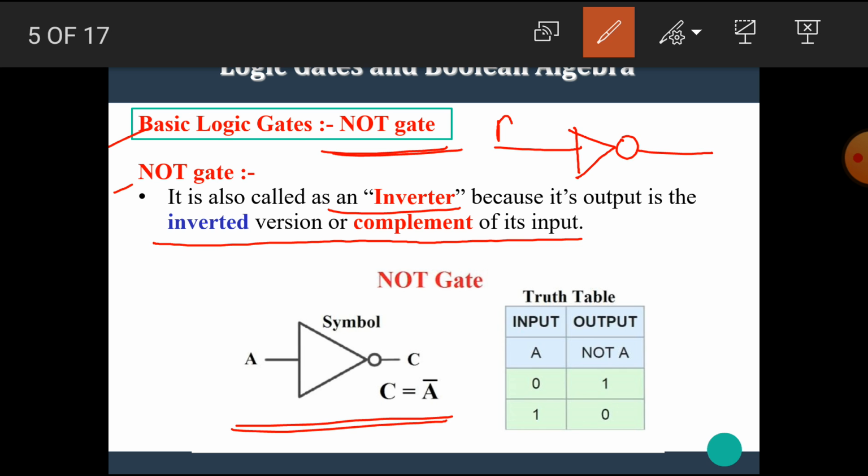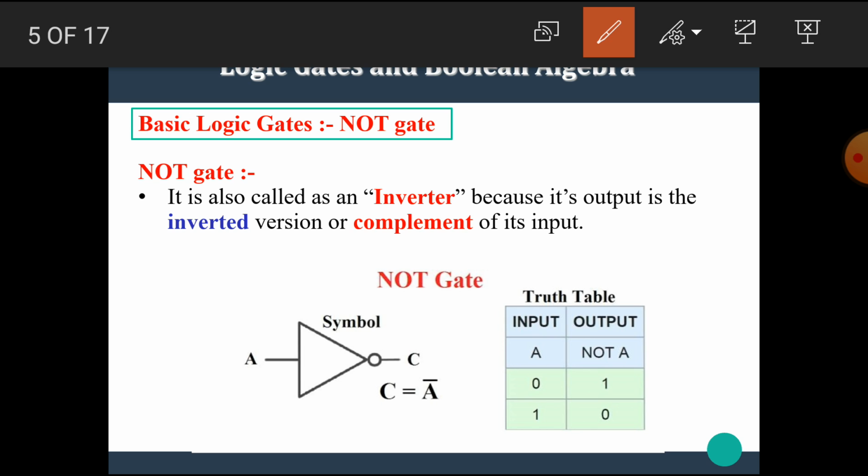Whatever the value is at the input, at the output its complement is obtained. That means if the input is 0, then the output is 1. If the input is 1, then the output is 0. Okay, I hope you all understand.